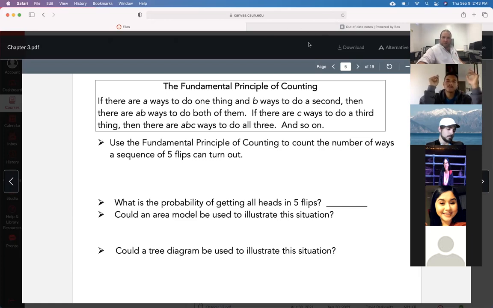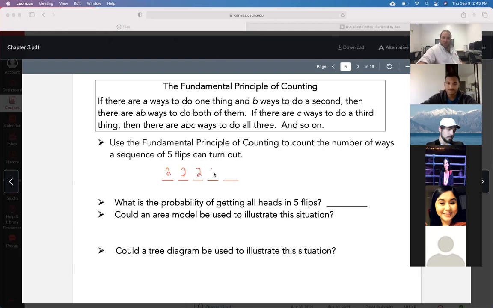The principle of counting says if you do a sequence of actions, 5 flips, that's 5 actions, correct? How many outcomes are there for the first action, which is the first flip? 2. How many for the second one? 2. The third? 2.